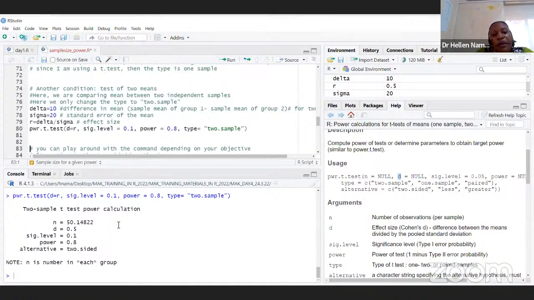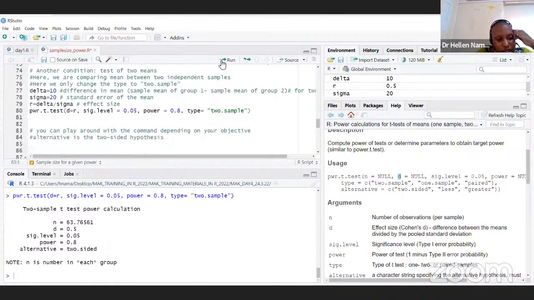0.1. So remember, you can play around with these arguments. You can ask yourself, what if I change it? Initially it was 0.1, and my N from each sample is 50. What about in case I consider 0.05? What happens?